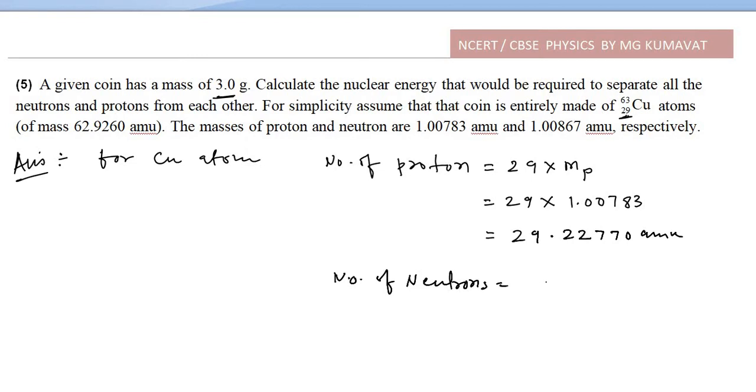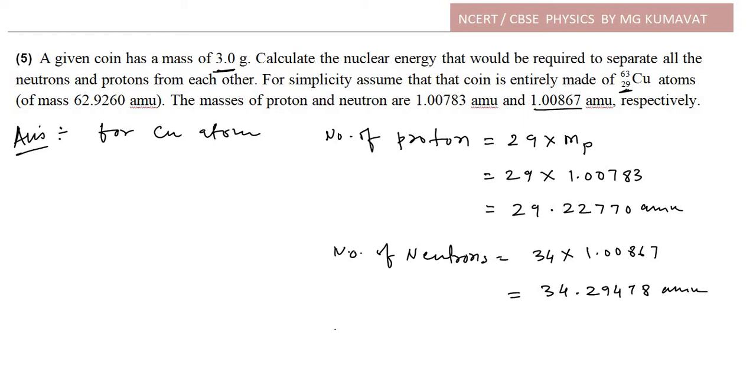So 63 minus 29 is equal to 34. 34 multiplied by the mass of neutron, that is given to you, 1.00867 AMU. After multiplying we get 34.29478 AMU.